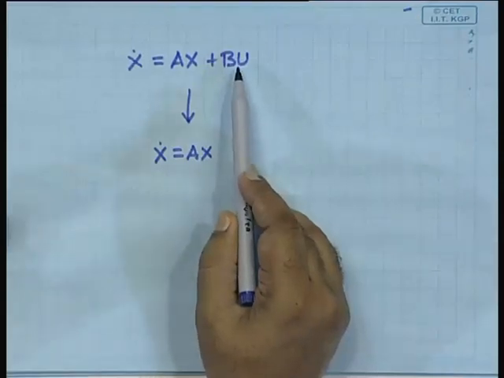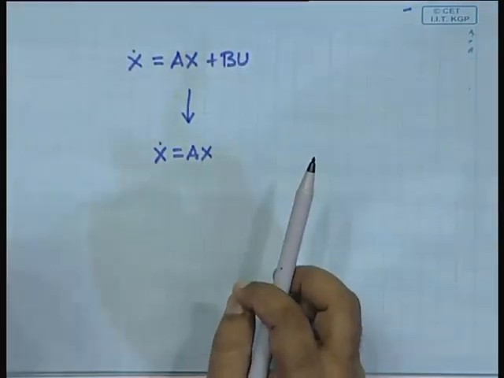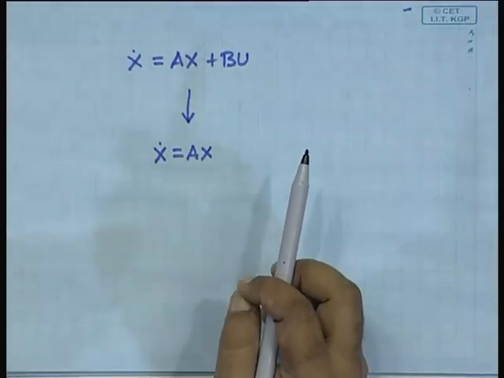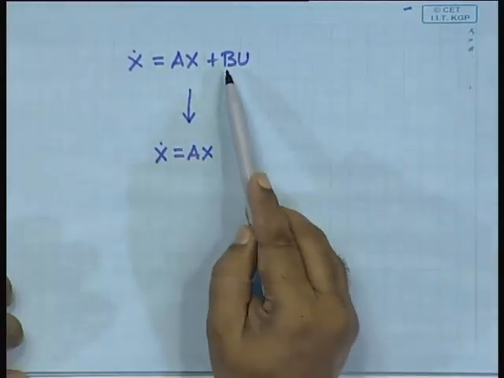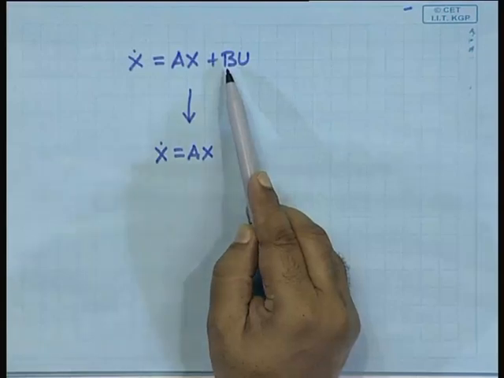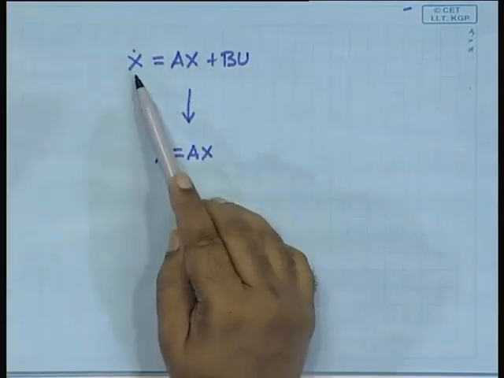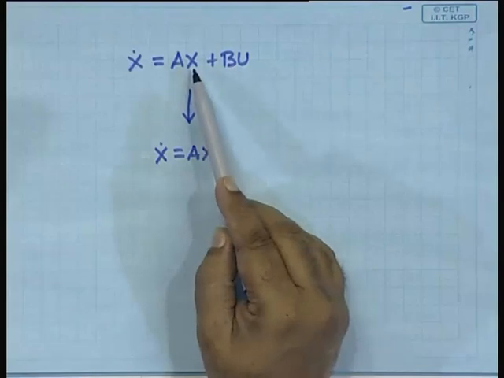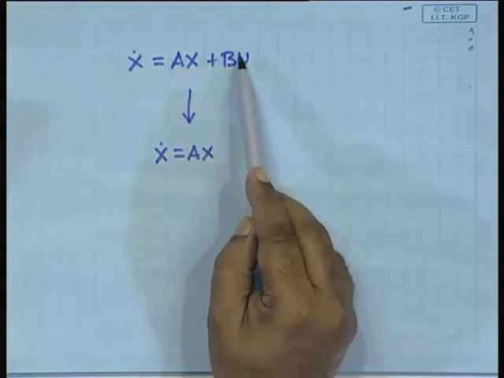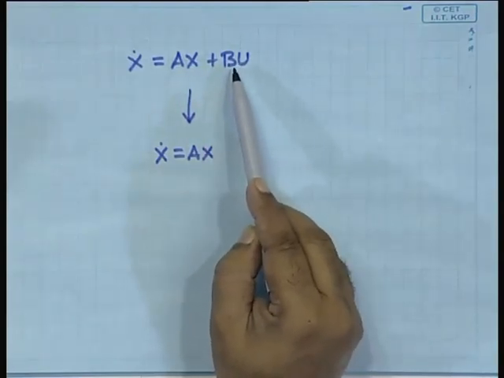What was the logic? We first tried to understand what happens in the neighborhood of the equilibrium points, and we said that the effect of this is basically to decide the location of the equilibrium point. This would be 0. So the location of the equilibrium point will actually be given by this term B u. Can you see that?